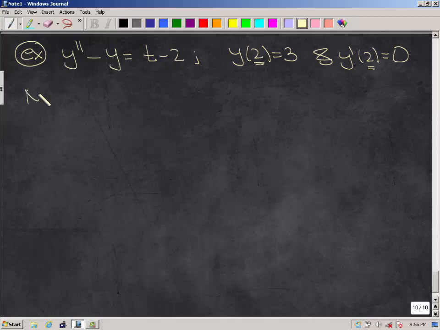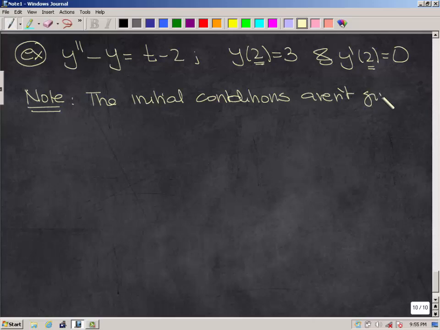Let me write down a note first. Maybe that'll remind you in the future. Note the initial conditions aren't given at t is equal to 0. So what do we need to do?